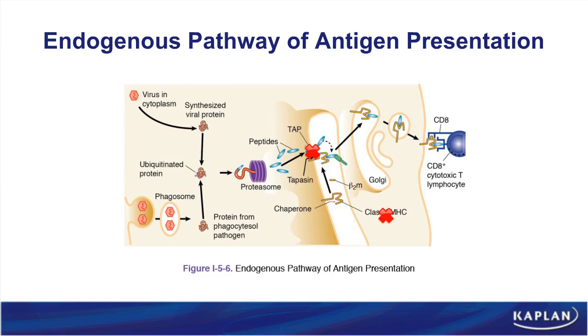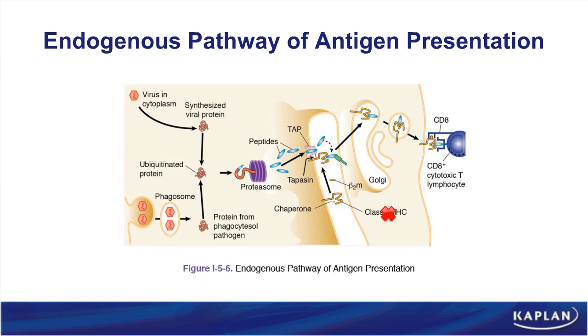So essentially, if you have a TAP mutation, you also have a class 1 MHC mutation, where your patients aren't going to be expressing class 1 MHC. That's not the whole story though, because as Dr. Ali told you when she was talking about positive selection, in order for a cell to be positively selected, it actually has to interact with either class 1 or class 2 MHC.